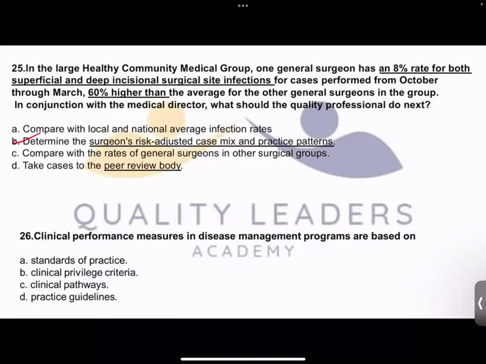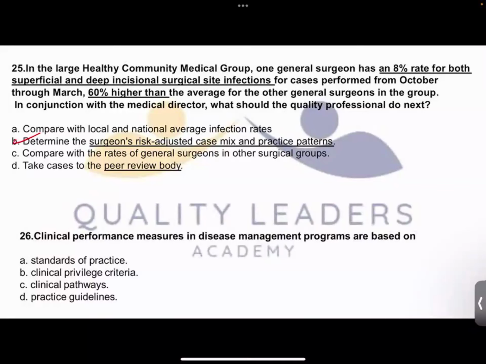Yes, correct. Before drawing any conclusions, it is critical to assess whether the surgeon's higher infection rates could be explained by factors such as the complexity of cases, patient demographics, or surgical practices. Risk adjustment ensures a fair comparison.